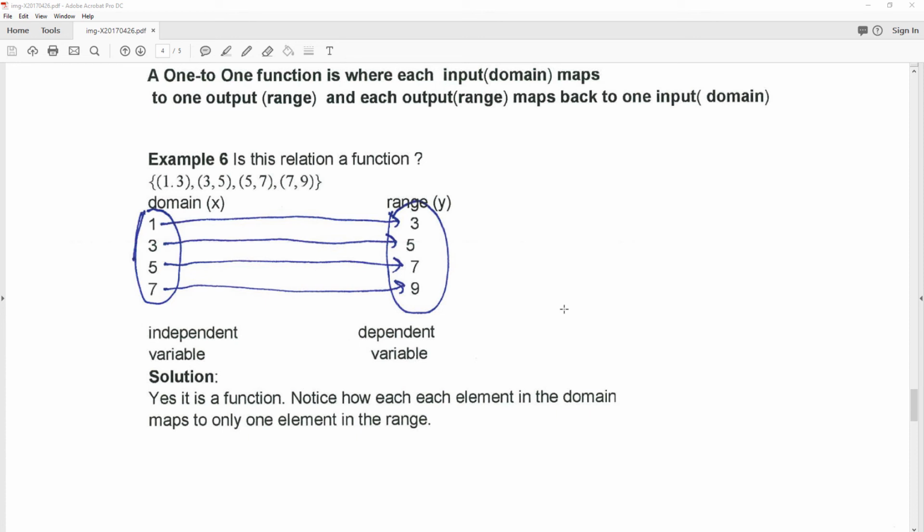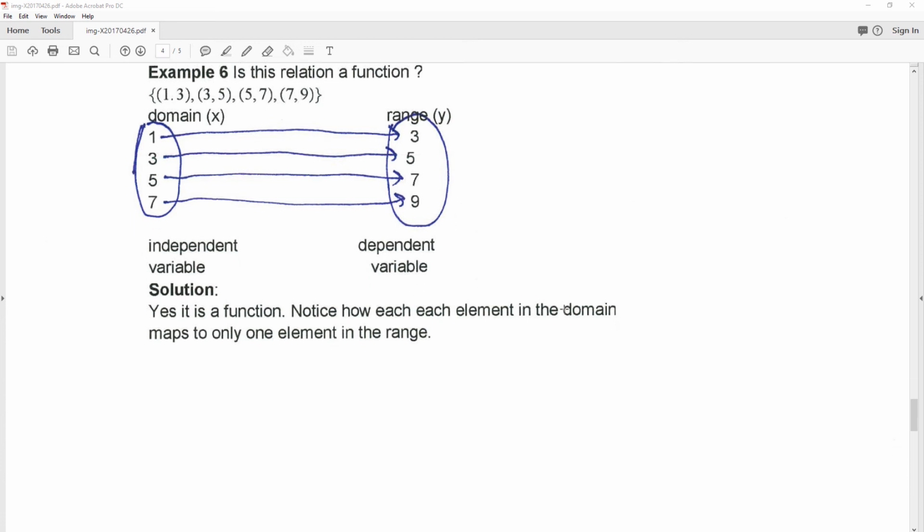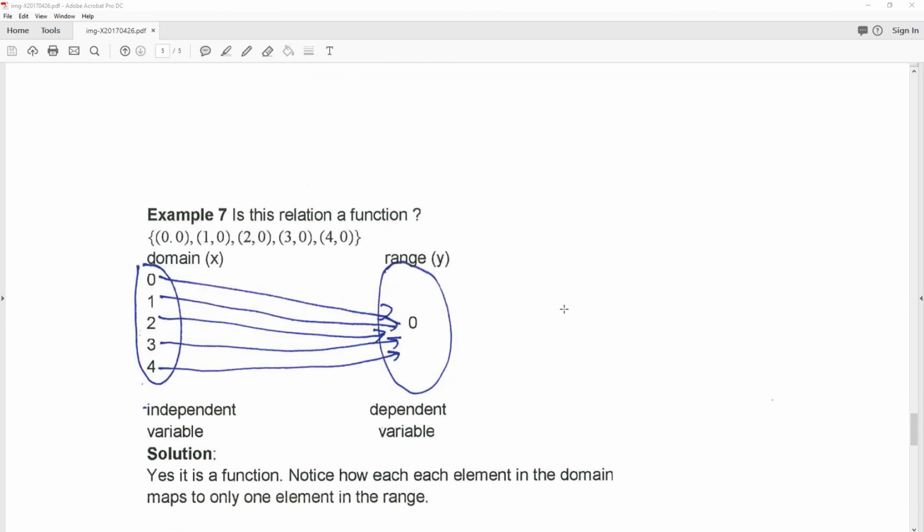Now, is this particular relation a function? Notice the domain and the range. Notice that each element in the domain maps to only one element in the range. Is this particular relation a function?